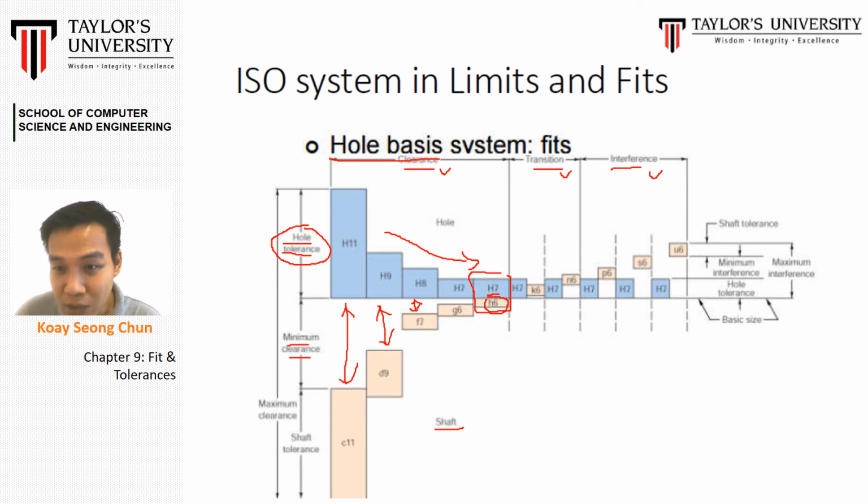In this case, you may refer to the minimal interference or the maximum interference you need. Based on that, you refer to what kind of fit you need. Then you set according to the hole basic system what kind of tolerance for the hole you need, then you look for the pair of the shaft tolerances.